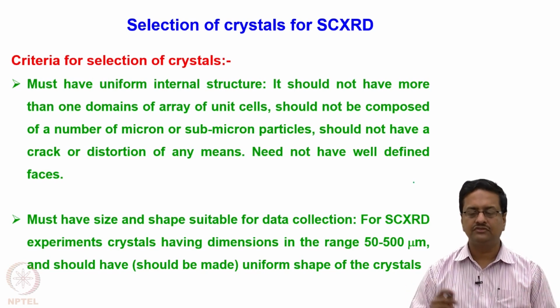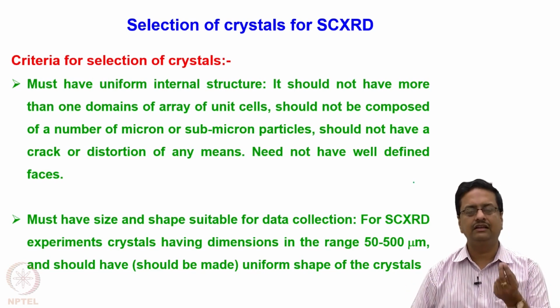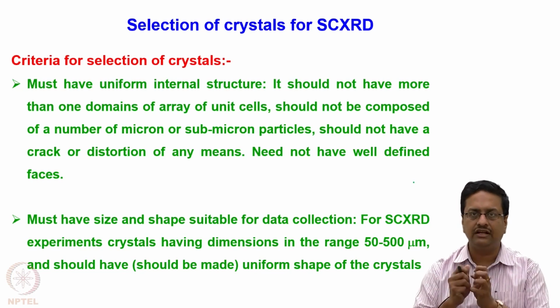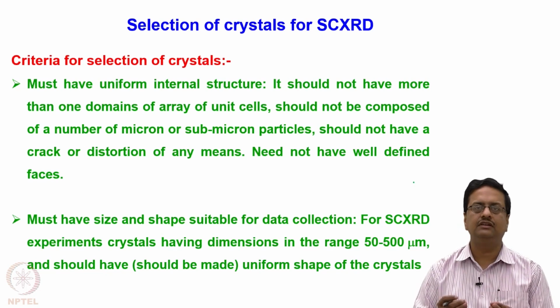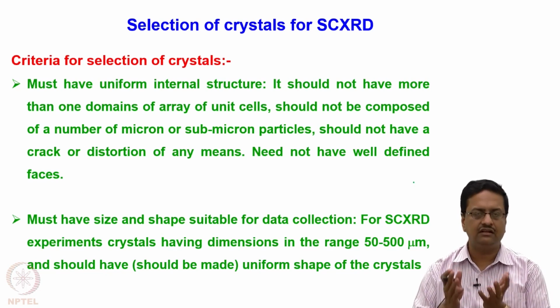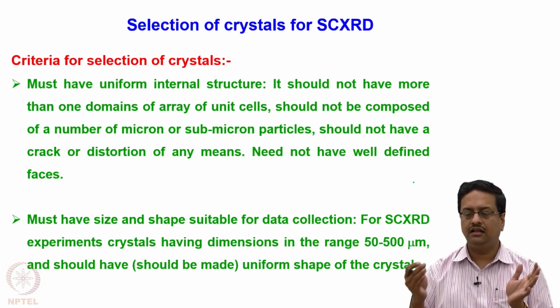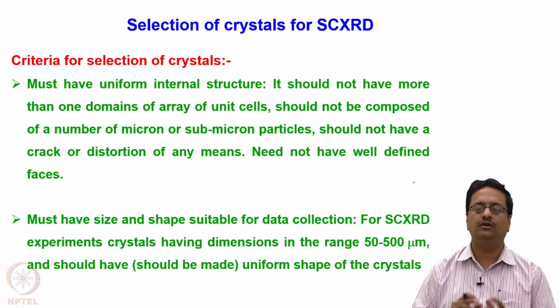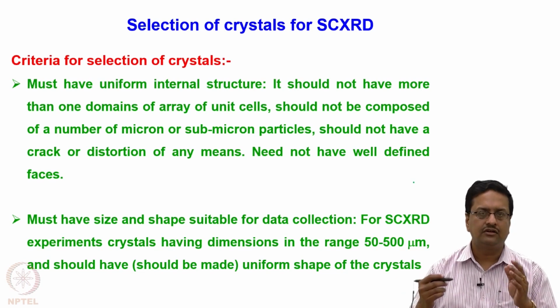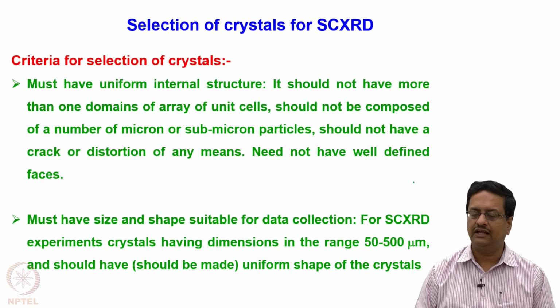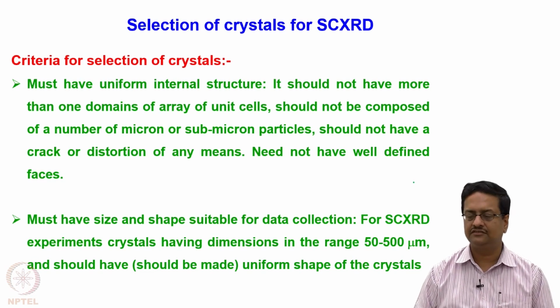It should not be composed of a large number of micron-sized particles joined together, because in that case those particles will be individual crystals oriented in random directions, and they will then diffract in all possible directions and we will not be able to index the pattern if it is a composite of a large number of tiny micron-sized crystals.